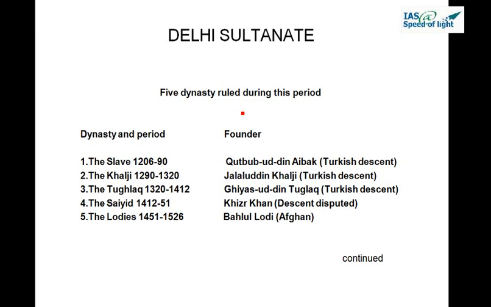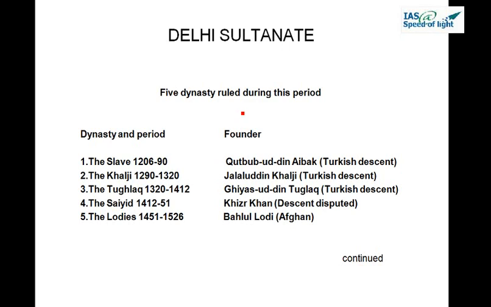These rulers, who were Turkish and Afghan in origin, established their rule in India after defeating the Indian ruling dynasties, which, we have seen, in North India at that time were the various Rajput dynasties which were prevailing. And one important ruler worth mentioning here was Prithviraj Singh Chauhan, who has a great name in the history of India.